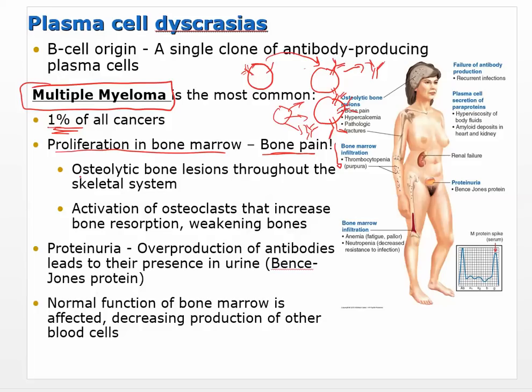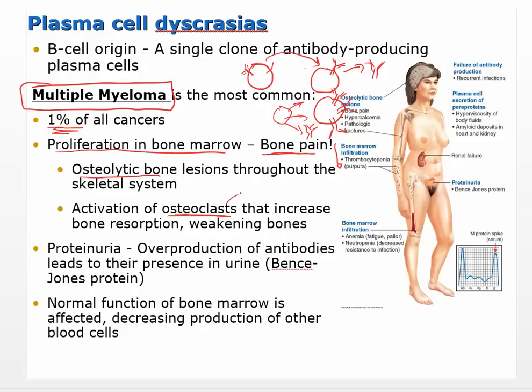In fact, it can be so bad that you have these osteolytic bone lesions throughout the skeletal system. These lesions may actually show up in skull bones or something like that. Because another thing that it does is it activates osteoclasts. I don't know if you remember your osteoblasts and osteoclasts, but if you think about blasts as developing, then blasts are causing bone to form.